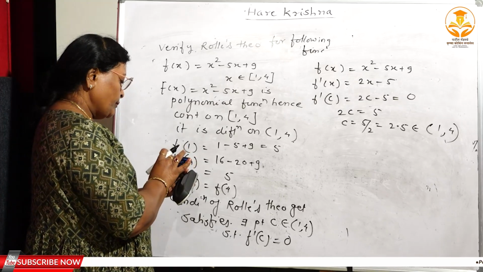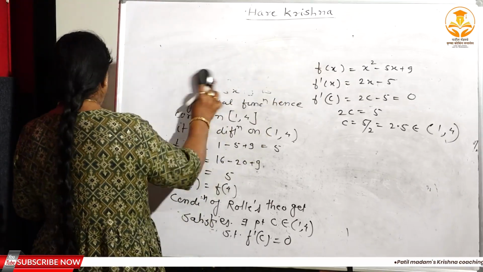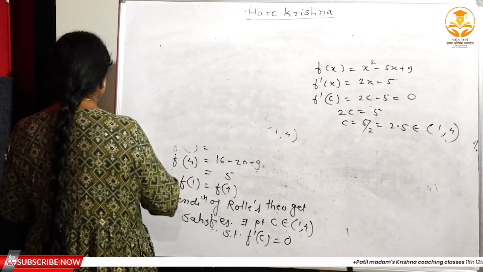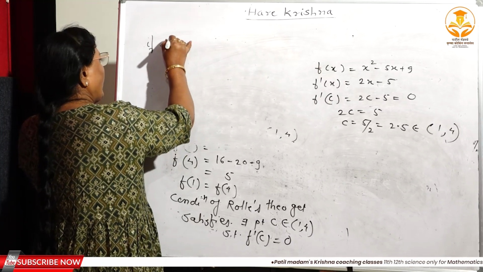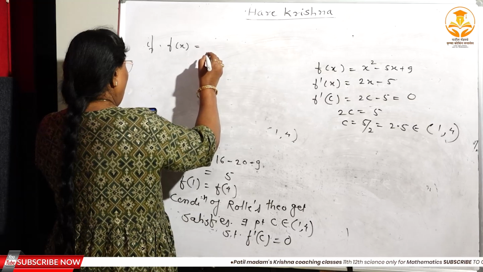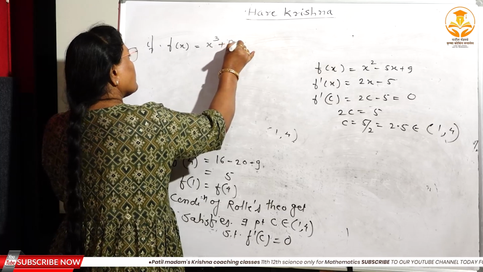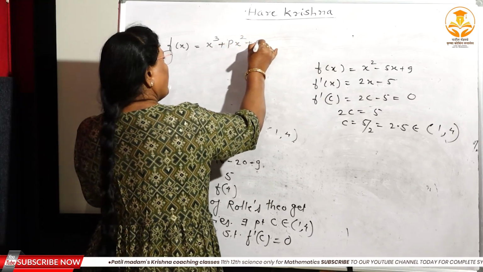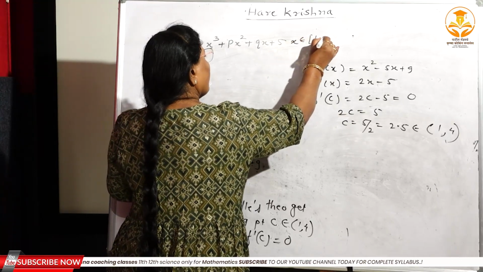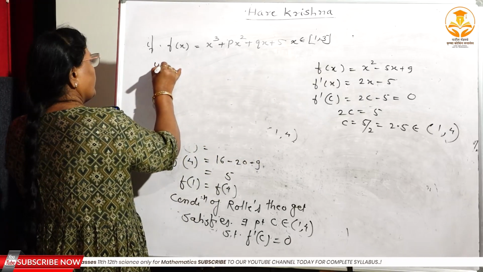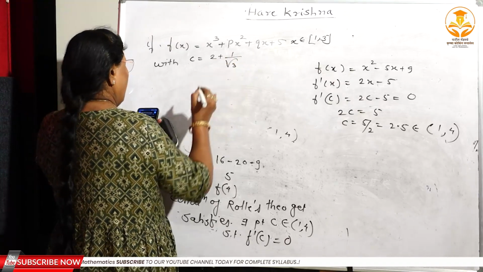Again, I will take a very important example. See, if f of x is equal to x cube plus p x square plus q x plus 5, x belongs to 1 comma 3, with c is equal to 2 plus 1 by root 3.